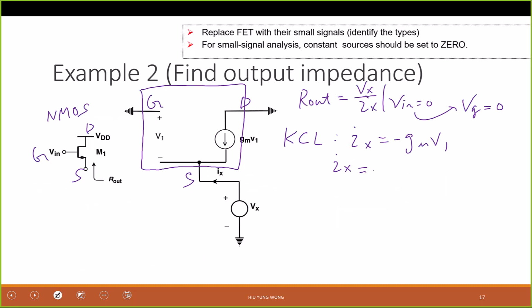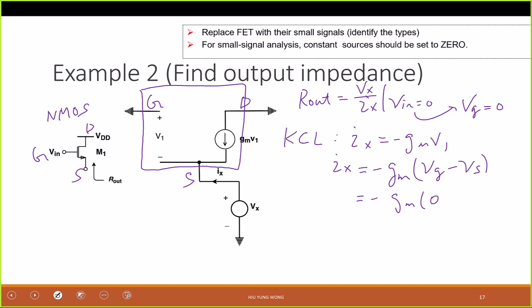Now that is very dangerous. Someone says 0. Be very careful. V1 meaning plus minus V1. So it is what minus what? Vg minus Vs, right? But what is Vg? 0. What is Vs?